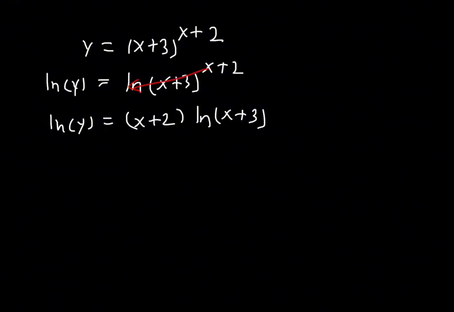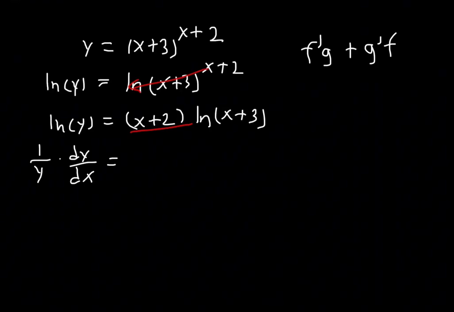So the derivative of ln y is 1 over y times dy/dx, which is equal to, and now we need to take the derivative of this side. We need to use the product rule: f prime times g plus g prime times f. The derivative of (x plus 2) is simply 1 times ln of (x plus 3), plus the derivative of ln (x plus 3).